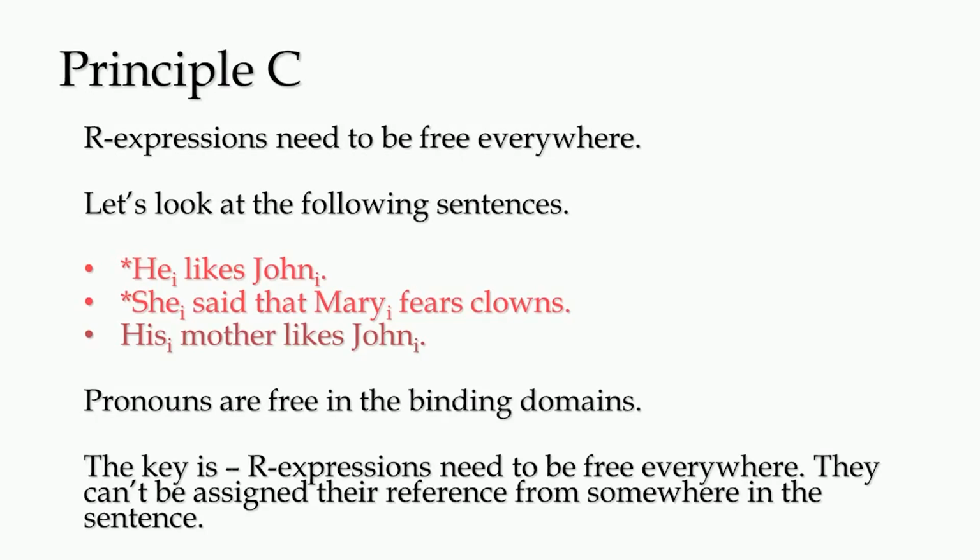She and Mary, because the two are not co-indexed, this sentence is grammatical. "His mother likes John" is okay because they are not co-indexed. Now, what we can say about R-expressions is, R-expressions must be free everywhere.